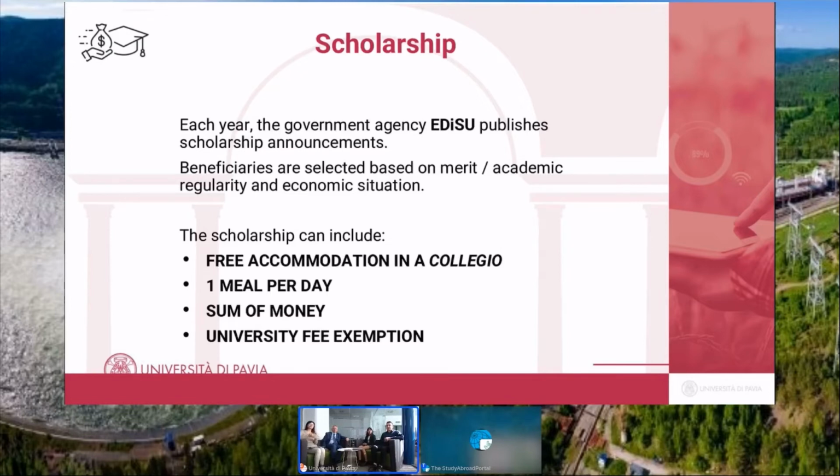This scholarship includes free accommodation in one of the university's dormitories, a free meal per day, a sum of money, and also the tuition fee waiver, which means if you are eligible for the EDISU scholarship, your tuition fee will be reduced directly to 156 euros per year. I think this is very interesting compared to many other Italian universities, because this scholarship has a total value of up to 7,000 euros per year. It's quite a huge amount of money for our international students.